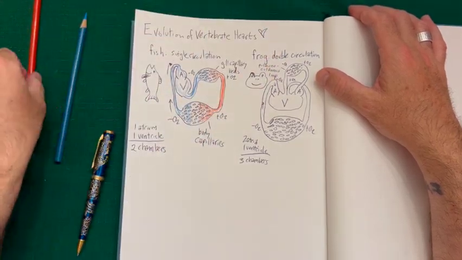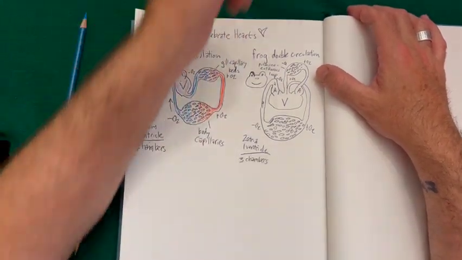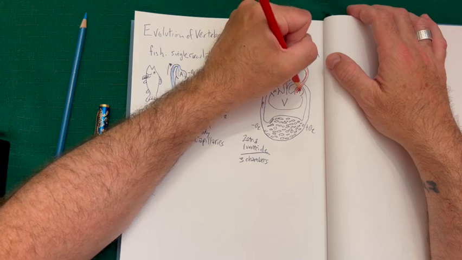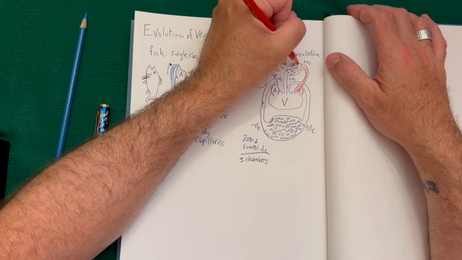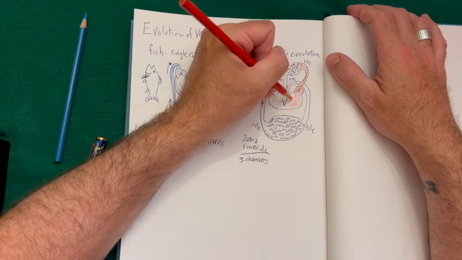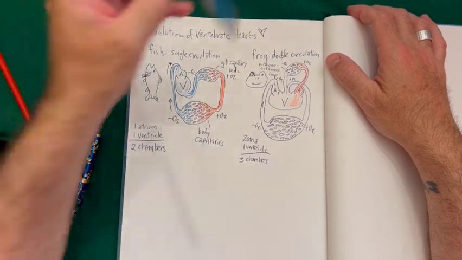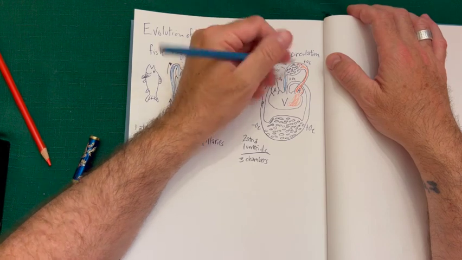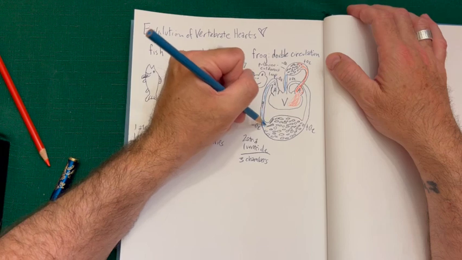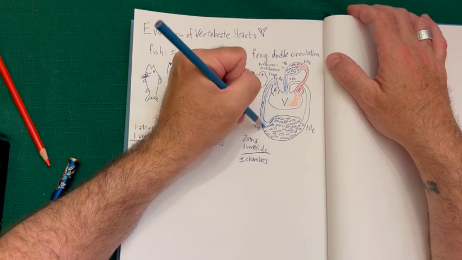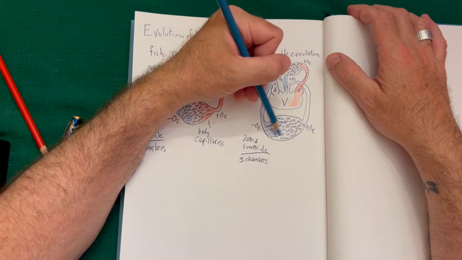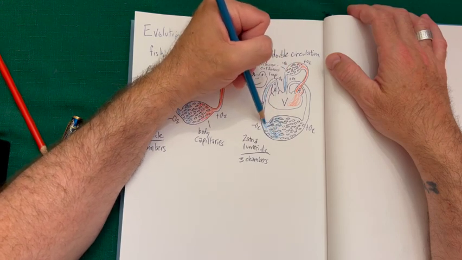But if you'll notice, in this system, you get oxygen being picked up here, but inside this one ventricle, there is going to be some room for mixing of oxygenated and deoxygenated blood. I guess I'm not going to worry about all those little capillaries and what's happening between them.